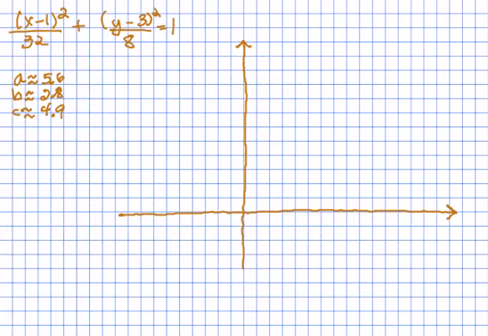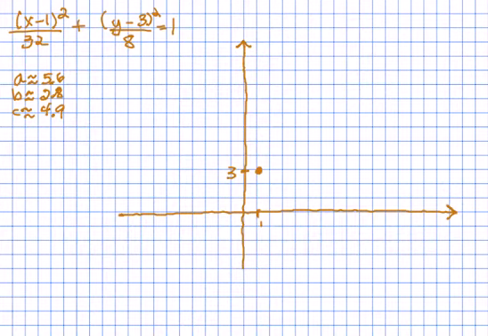So now we're ready to sketch a graph of our ellipse. I'm going to start with the center, which we identified previously to have the coordinates 1, 3. So that's going to be about right there, 1, 3. And then to get to the endpoints of our major axis, we're going to go square root of 32 in each direction. Square root of 32 is about 5.6.